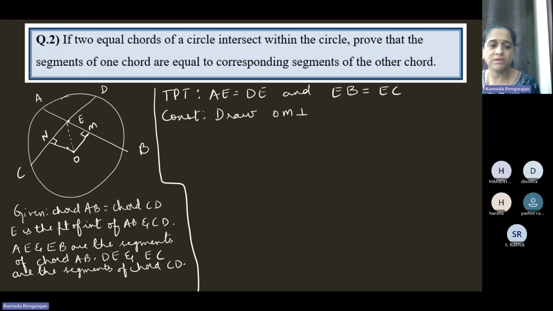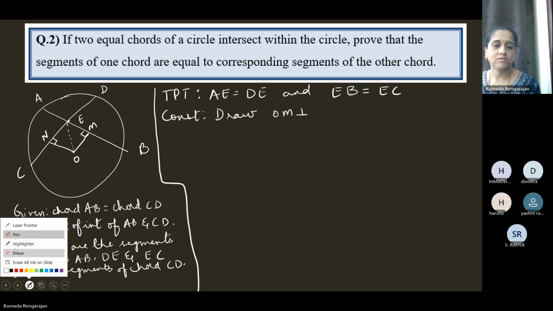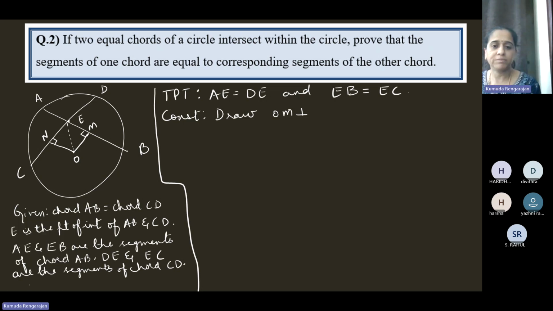M is on AB, N is on CD. So draw OM perpendicular to AB and draw ON perpendicular to CD, and also join OE.